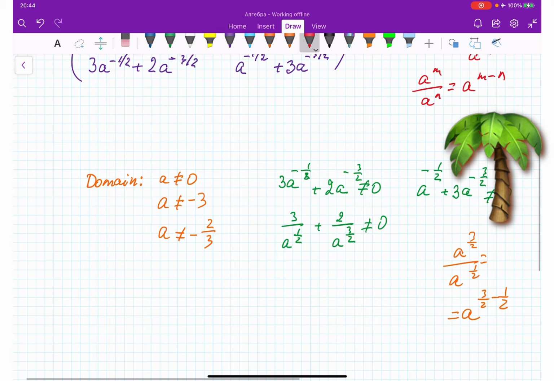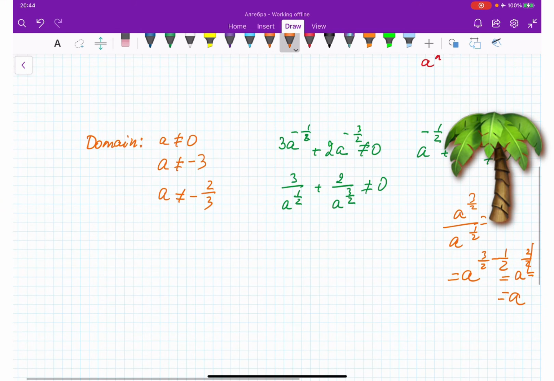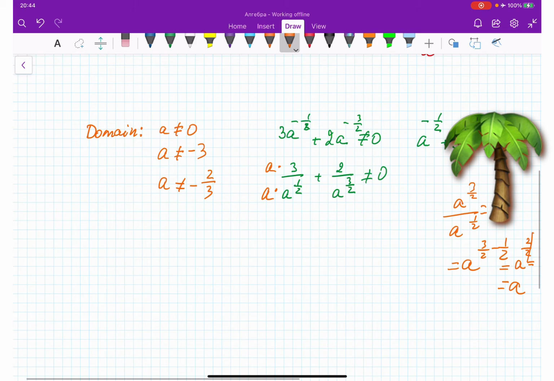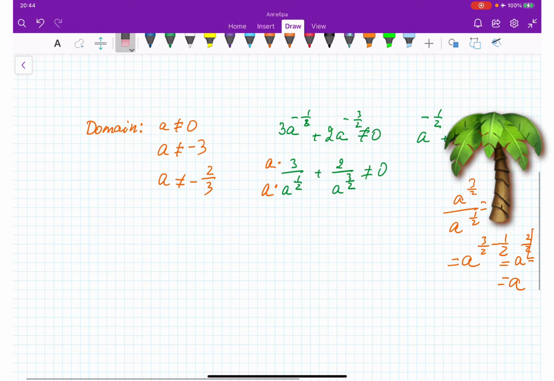So 3/2 minus 1/2 is a to the power 2/2, which is equal a. This is gone, which means here I'm going to multiply by a, right, to get a to the 3/2. In the second fraction, I don't touch it. All right?